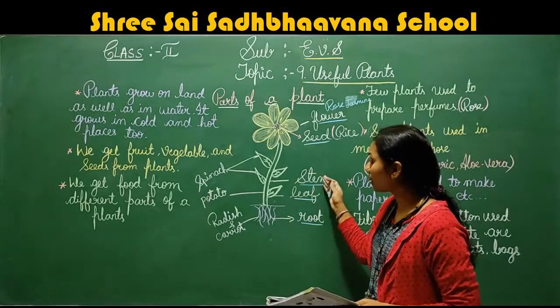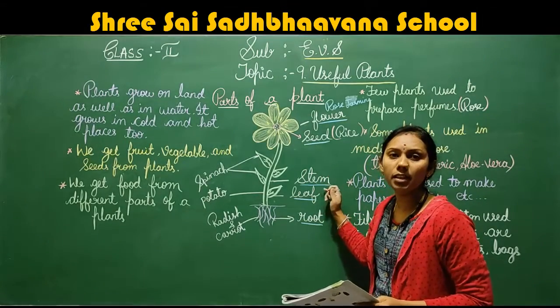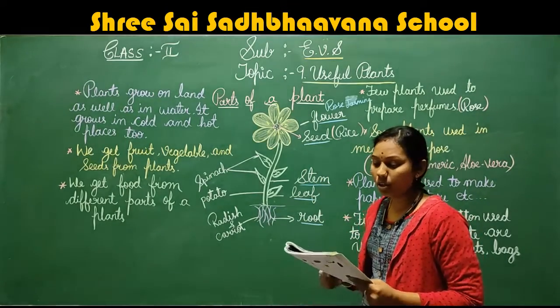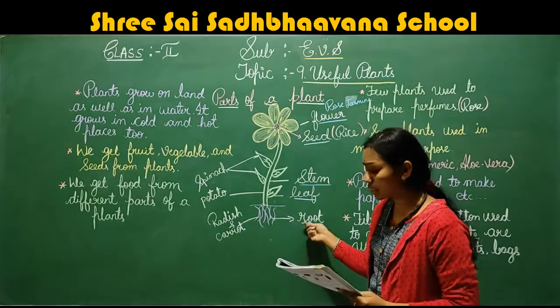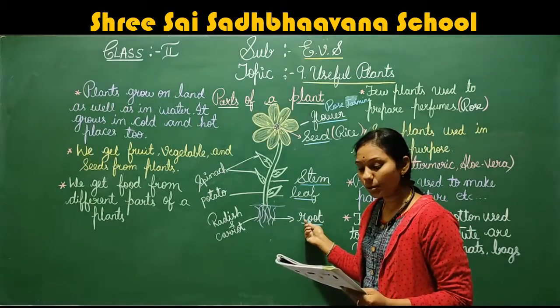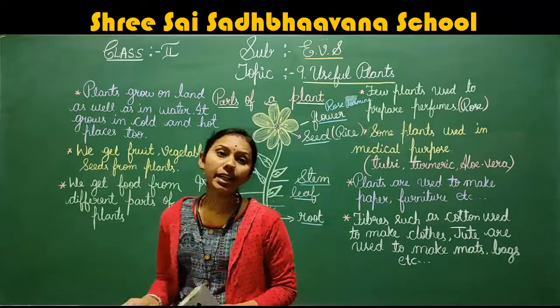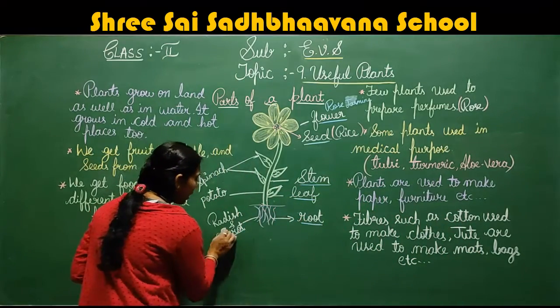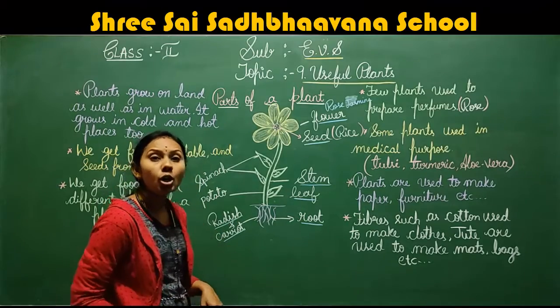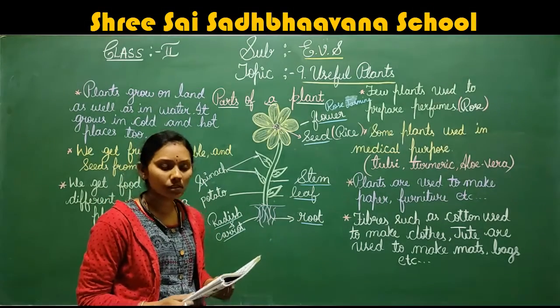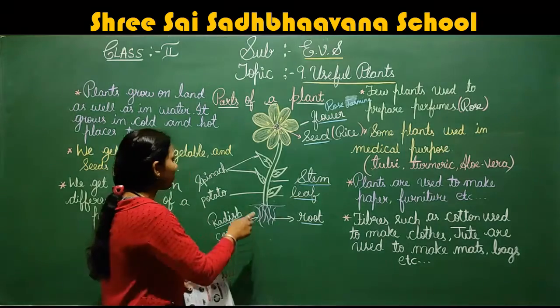You can see the root vegetables. From the root we get, as I told you, carrot and radish. Carrot and radish are called root vegetables. Got it?